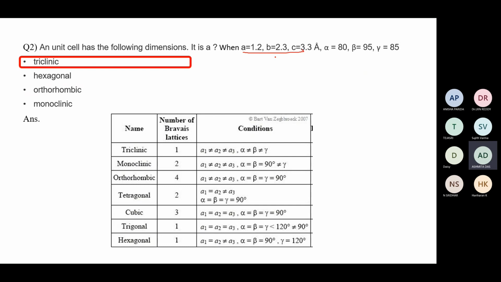These are the edge lengths, and these are the angles.